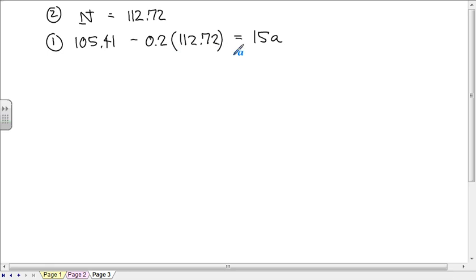So can someone calculate this? What do you get from this equation? What's 0.2 times 112? Minus 22.54.